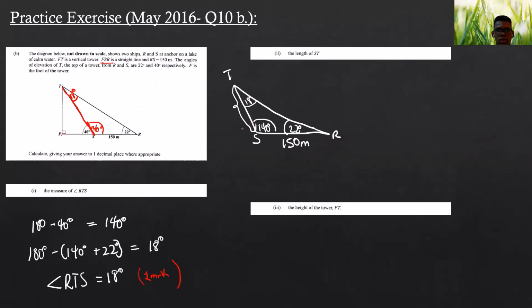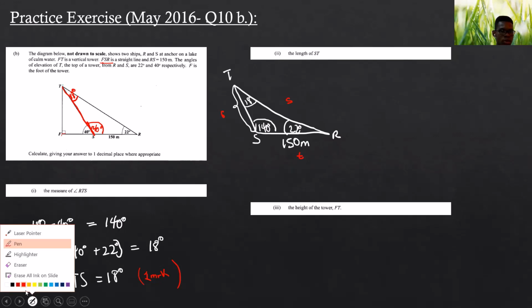So what we can do is we can label ST as small r, again, using the convention opposite R. This would be small s, and this would be small t, right? Just so we stick to that convention.